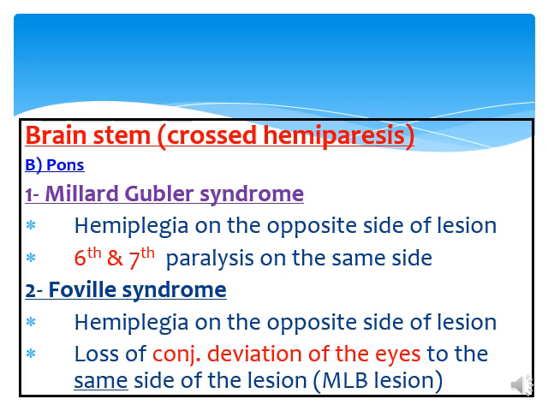Foville syndrome: hemiplegia on the opposite side of the lesion, and loss of conjugate deviation of the eyes to the same side of the lesion due to medial longitudinal bundle lesion.